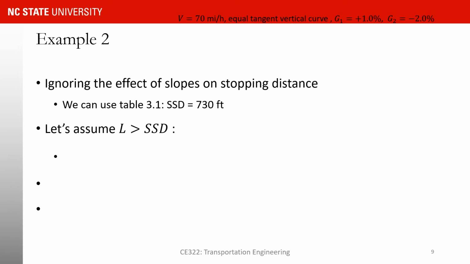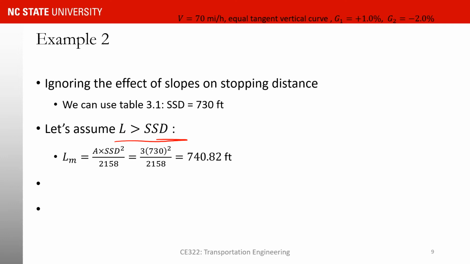If it's more, we are good. If it's less, we need to do something. So let's start. I'm going to assume that L is more than the stopping sight distance. So I'm going to be using the equation that is given for that condition, which is L equal to A times stopping sight distance squared over 2158.